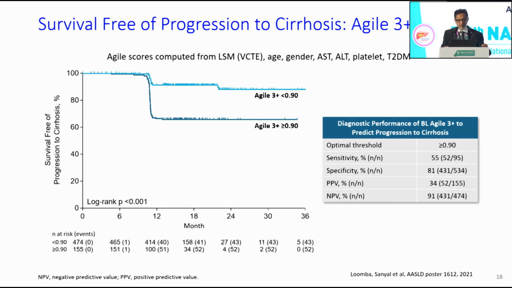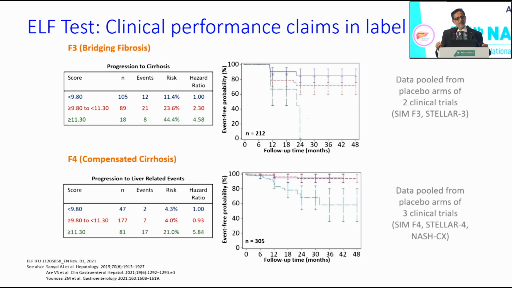This is all now published, and we've actually shown this correlates with clinical outcomes as well. The ELF test is the only, at least in the West, approved test for prognostic indication, not FibroScan. ELF test is the only approved test for prognosis for NASH.